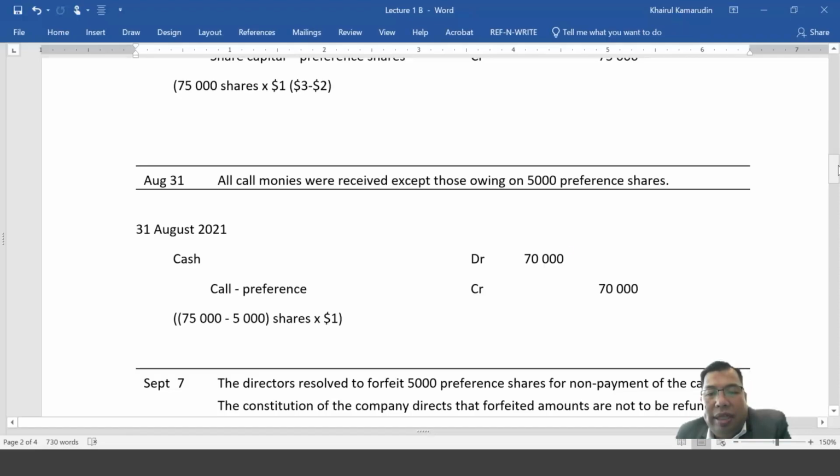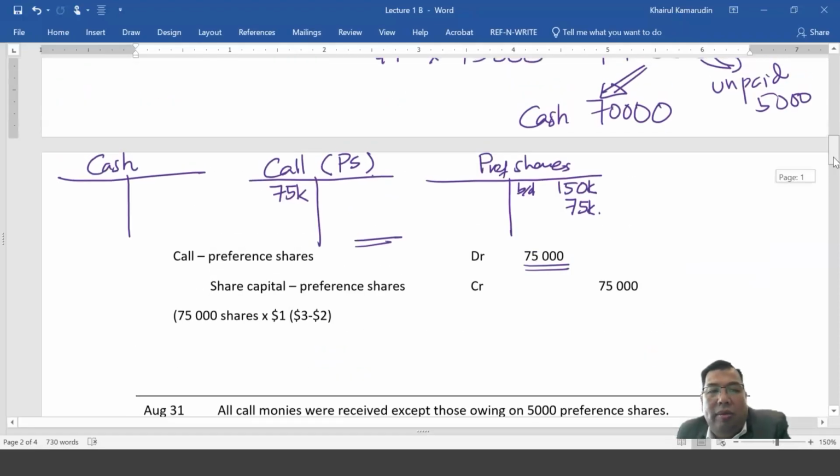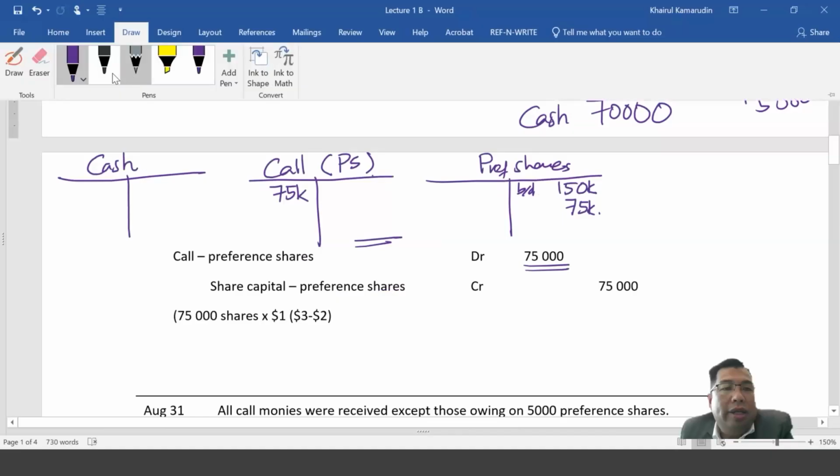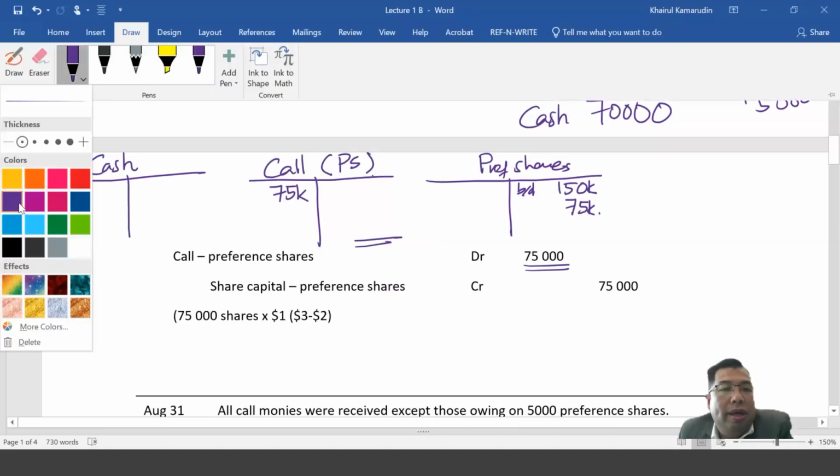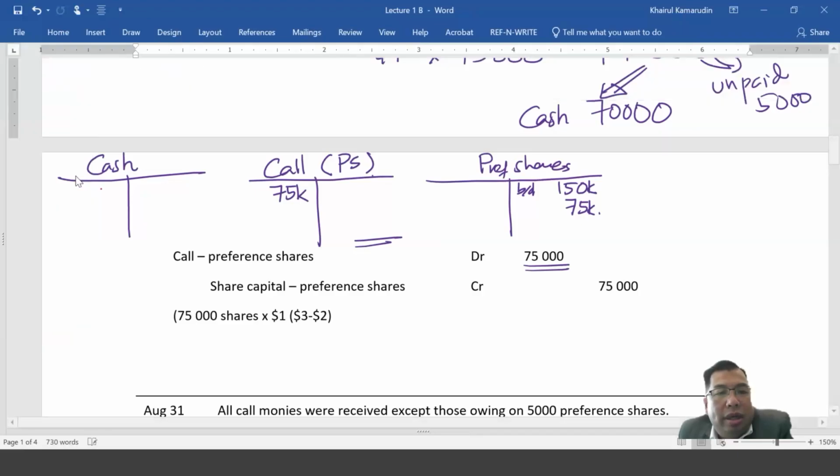Debit cash 70,000, and you're going to credit your call preference shares 70,000. So in terms of journal entry, I'm going to debit my cash 70,000, receive the cash, and then the call here, I'm going to credit 70,000.